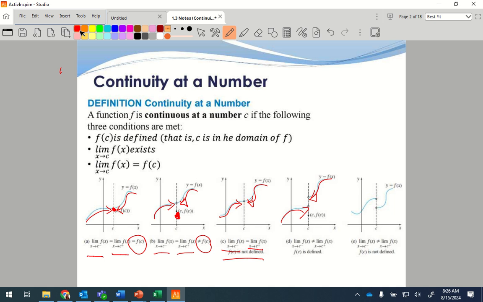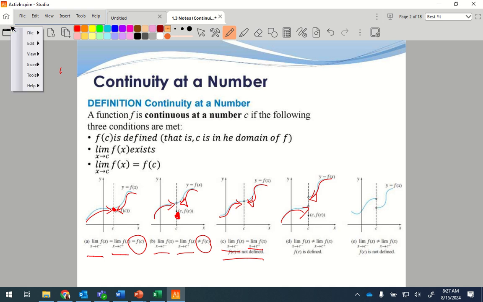These are not equal. So think of this as a roller coaster. Any of you been on a roller coaster? Yeah? Okay. Do you want the track of that roller coaster to be continuous? Yes, you do.